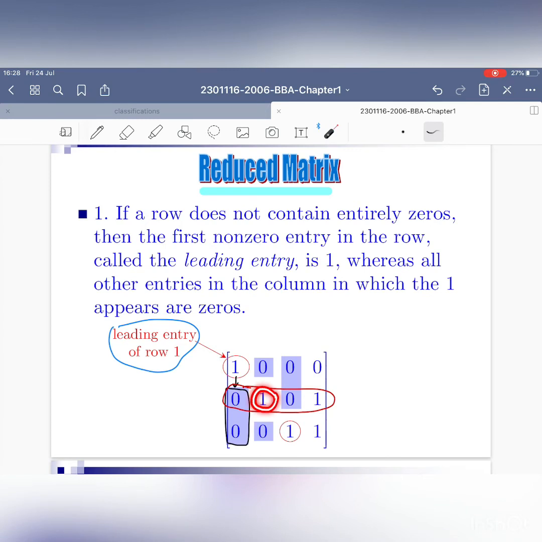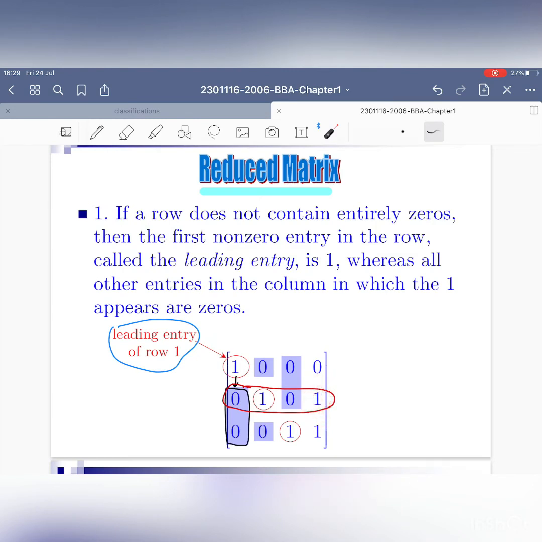But other than that 1, it must be all 0, the one above it and the one below it must be 0. We don't really care about the one that is not a leading. So this is the leading that we need the above and below to be 0. This one is not a leading, right? So it can be any numbers other than 0 above and below them.